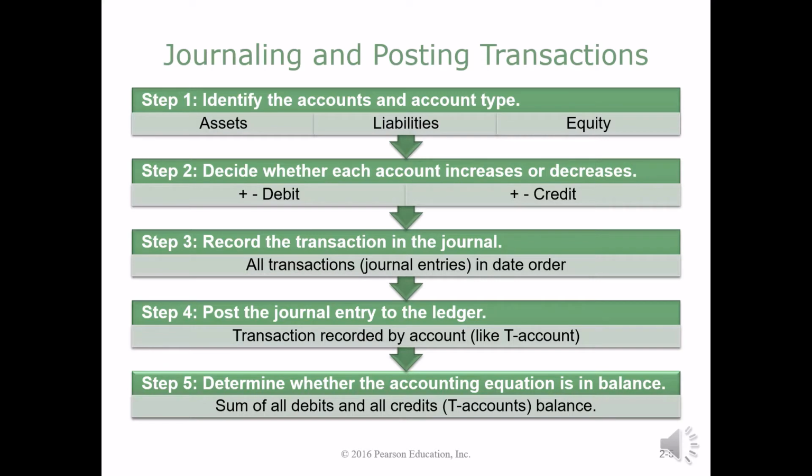Step 3, we need to record the transactions in the journal. That means writing a journal entry, which we'll talk about shortly. Step 4, we post that journal entry to the ledger. And then step 5, we need to determine whether the accounting equation is still in balance.